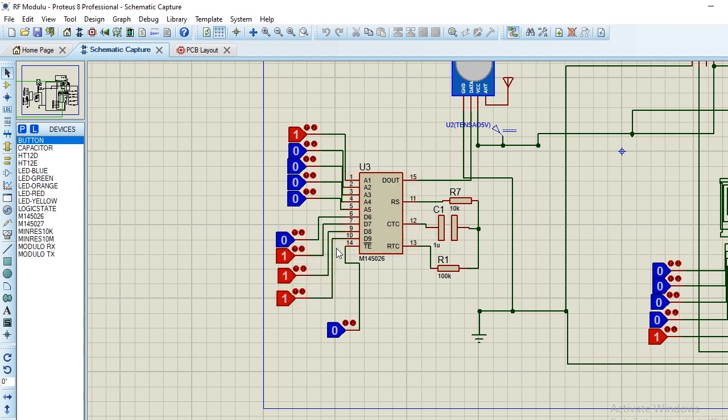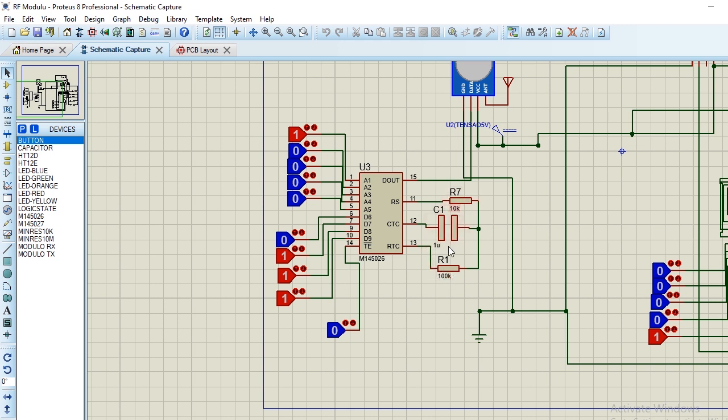The arrangement is D6, D7, D8, D9. Likewise, the address line is A1 to A5. And this is the RS, CT, like the way I showed you in the theory aspect: a resistor, a capacitor, and another resistor.